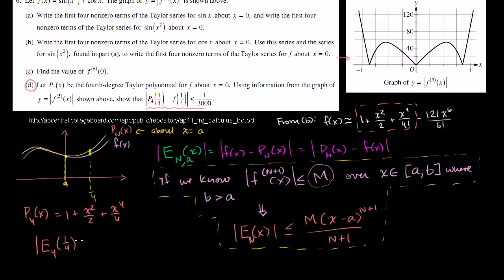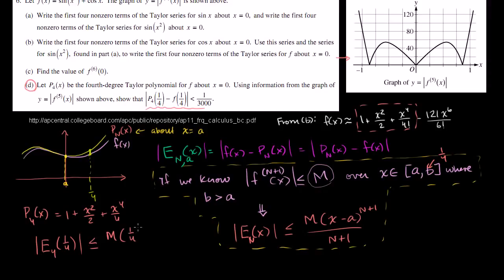The 4th degree error at 1/4 is going to be less than or equal to, if you take this to be 1/4, and 1/4 is part of that interval, so you can apply it here. So the 4th degree error at 1/4 is going to be less than or equal to some M times 1/4 minus a, and in our particular case for this problem a is 0.